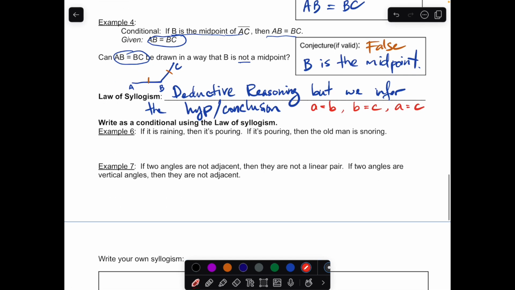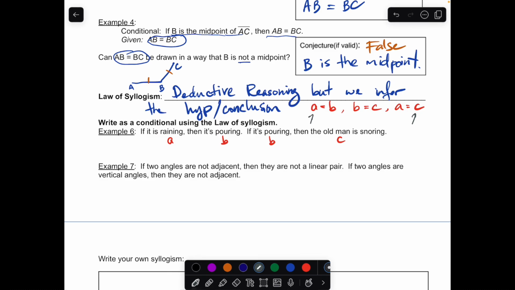So let's look at this problem right here. If it's raining, then it's pouring. I'll say this is A, this is B, and if it's pouring, same pouring, then the old man is snoring. That's C. So our new conditional, using the law of syllogism, is where we jump from the first hypothesis and pair it with the conclusion at the end.